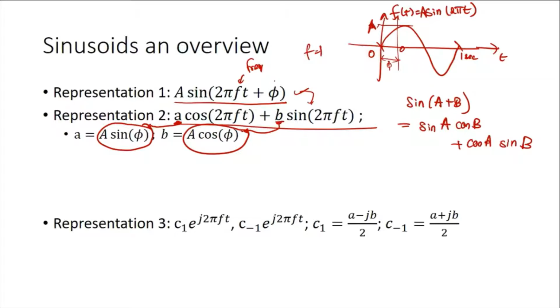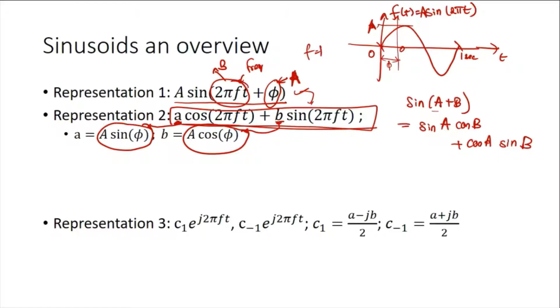You guys can go ahead and verify this. So this is going to be b, and this is going to be a, and this is b, and then use this formula sine of a plus b, and then you should be able to get this format for this. So this is another representation of this.